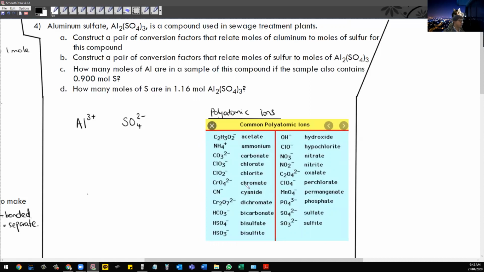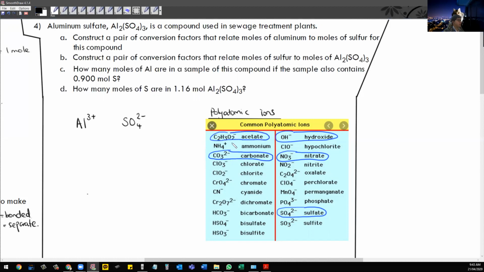The ones you should definitely get familiarized with in year 11 are sulfate, hydroxide, nitrate. These things will show up all the time. And also carbonate. And acetate, that's very important for year 12.